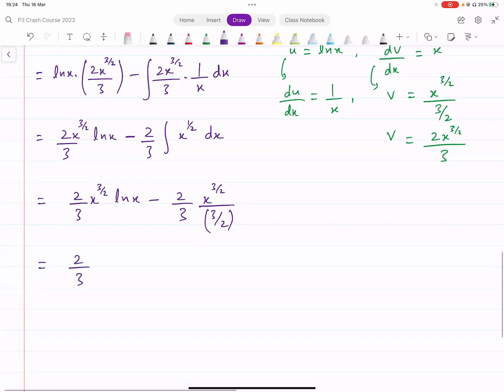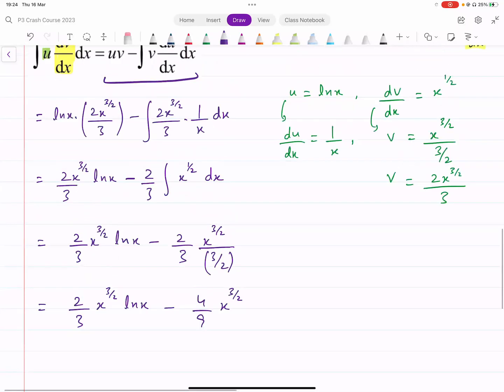We are going to get 2 over 3 into x raised to power 3 over 2 into ln x. This 2 goes to the numerator, gets multiplied with this 2, and that becomes 4. 3 into 3 in the denominator becomes 9. So we have 4 over 9 into x raised to power 3 over 2. This is your integral. All right, so we're done with the integration.